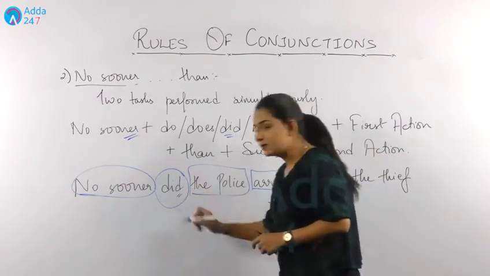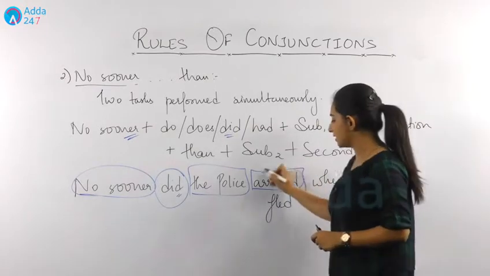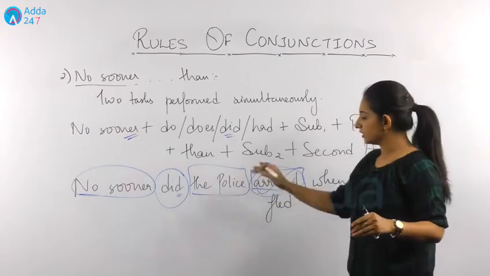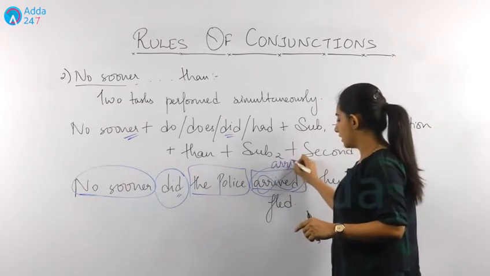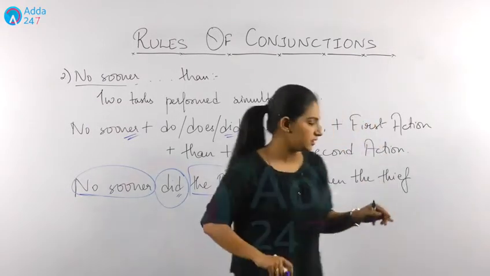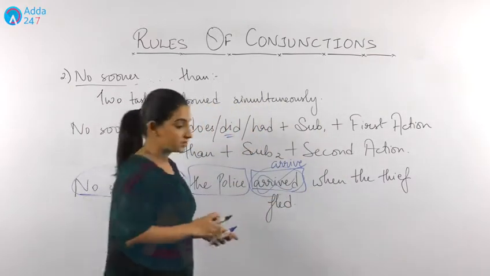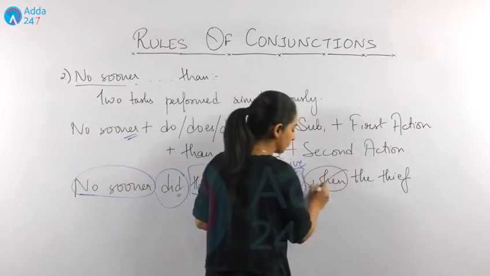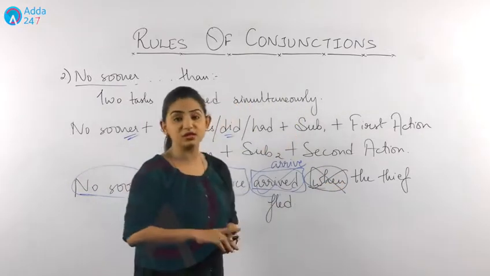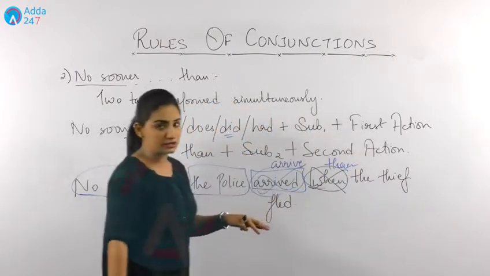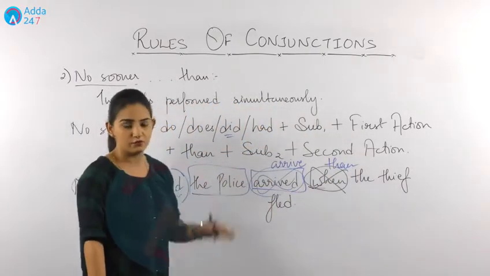When we place did, the verb's form should be in first form. So what we'll write is, no sooner did the police arrive when the thief fled. Again, there's one more error in this sentence, and what's the error? We will not place when with it. Rather, what is placed? We'll place than here. And the sentence continues like, than the thief fled.